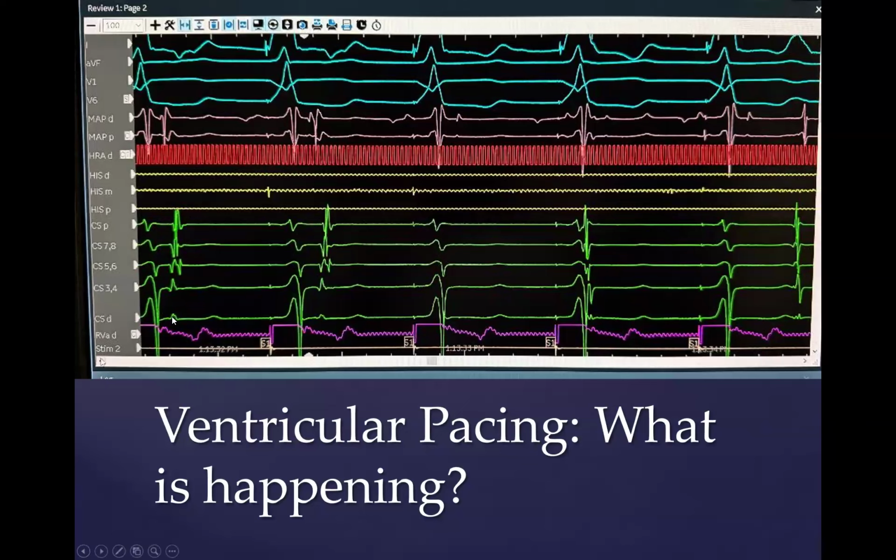It's one of these two. They're sort of on time, but you're trying to suggest that these are earlier than these A's. Is that what you're saying? Yeah, I agree with that. The pathway is closer to where the distal 3-4, where the CS 3-4 is. I agree with that statement.